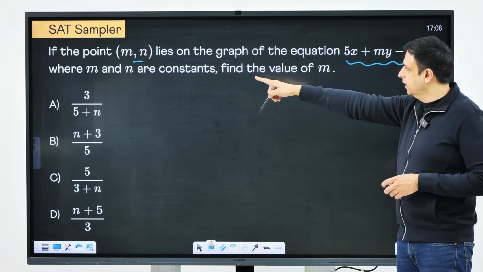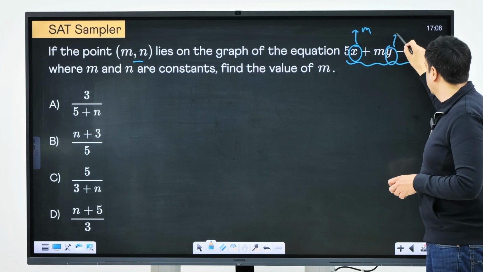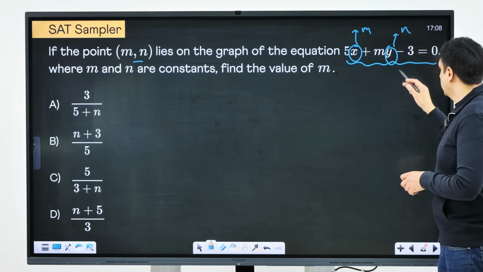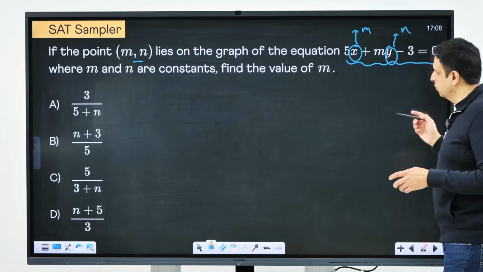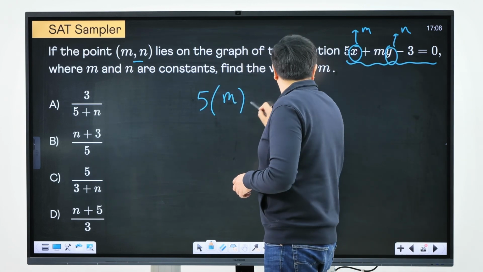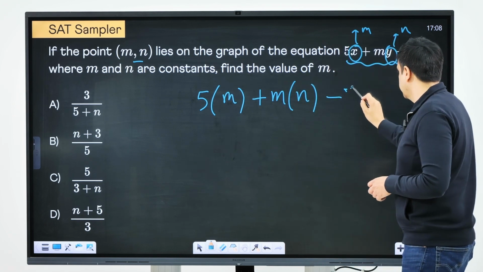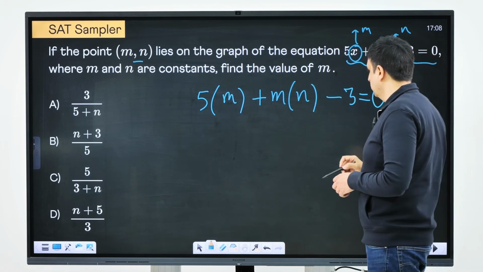So if for x we plug in m and for y we plug in n, this equality should hold true. So I get 5 times m plus m times n minus 3 is equal to 0.